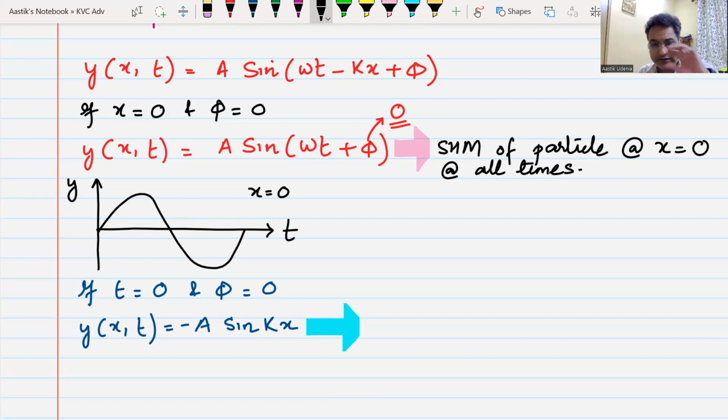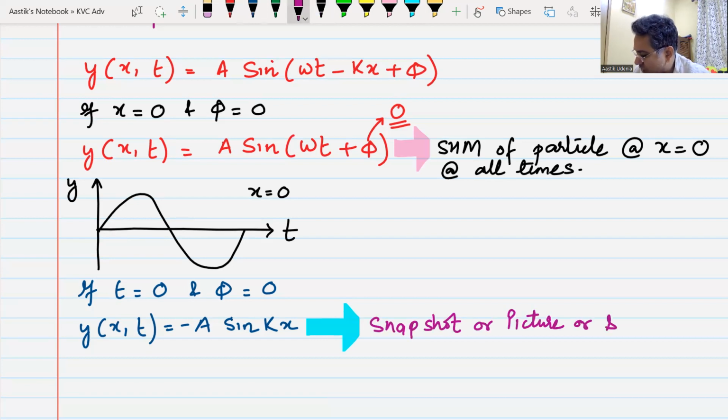Here I have kept the time as 0. Time is fixed, and y is a function of x. What does this equation give us? The snapshot, or the picture, or the shape of the wave at time t equal to 0.